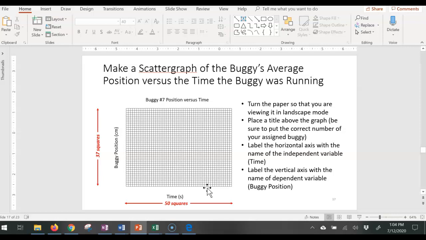In other words, the widest dimension of the graph is going to be the time axis, and the shorter dimension of the page will be the buggy position axis. Be sure to place a good title above the graph and label the horizontal and vertical axes with both the name of the variable and also the units that that variable was measured in.